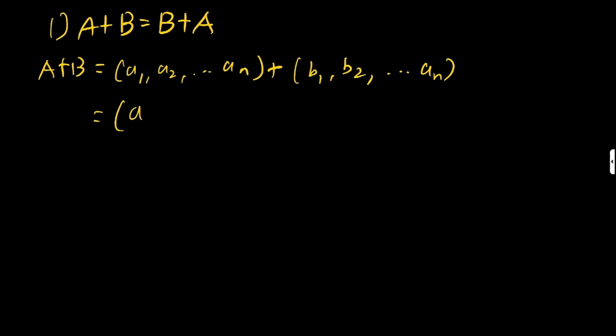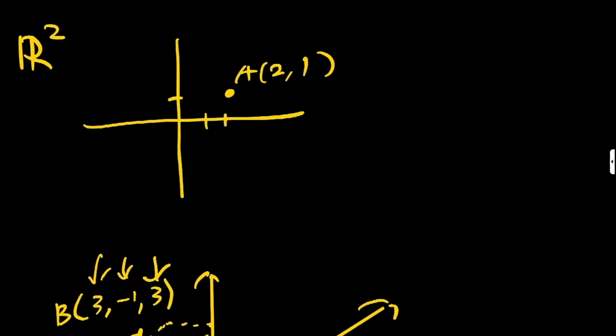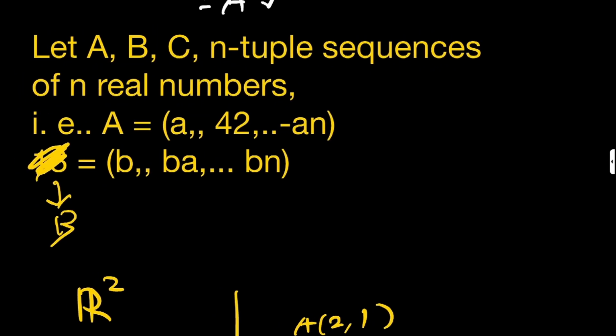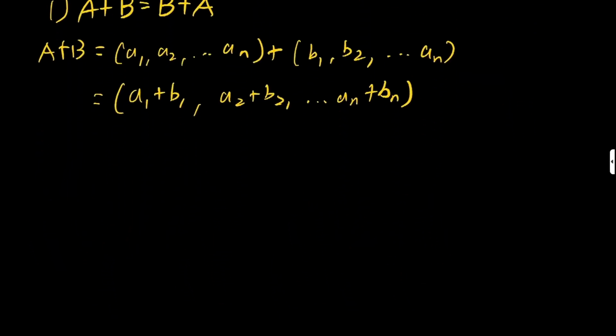So this is the same thing as A1 plus B1, A2 plus B2, up to An plus Bn. Now remember, in the definition up here, each of these are sequences of n real numbers. So all these A1 through An, B1 through Bn are real numbers. Sorry, we don't need to include the R squared.